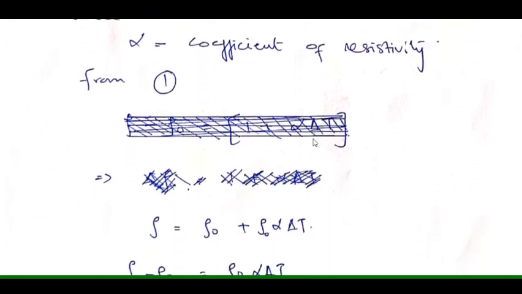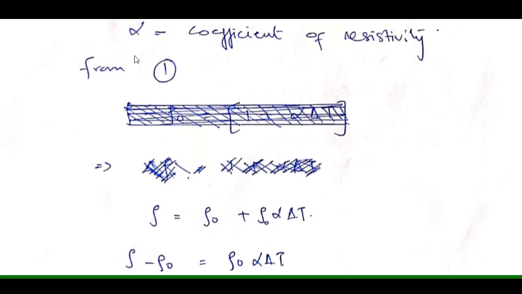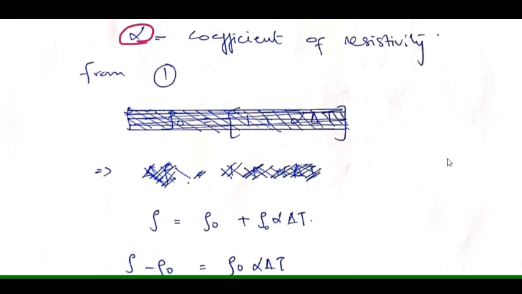And from equation 1 we can find the value for alpha. That is, rho is equal to rho naught plus rho naught alpha delta T.